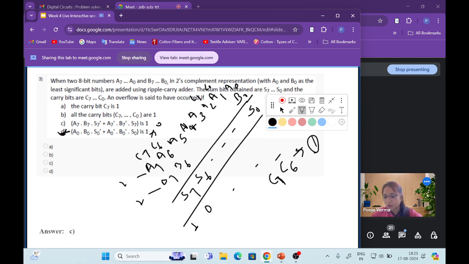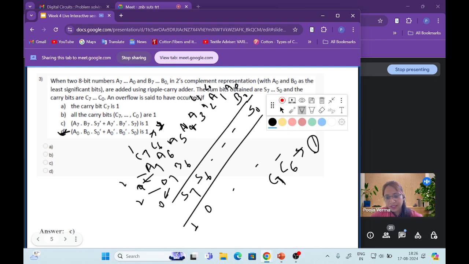Another case can happen if A7 and B7 are both 0, or 0 1, or 1 0. In that case S7 will be 1. If C6 has a carry, that means C6 is 1 and is propagated, and A7 and B7 are 0. Here we are assuming this in order to make the condition.